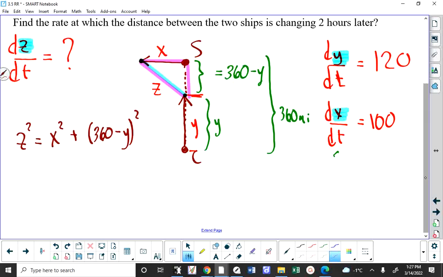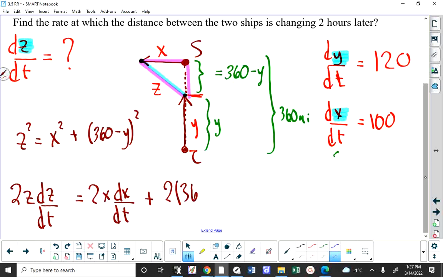Further examples. So I differentiate. The derivative with respect to time of z squared is 2z dz dt equals 2x dx dt plus 2 times 360 minus y, we drop one from the exponent, times the derivative of what's inside, and here's a common mistake.